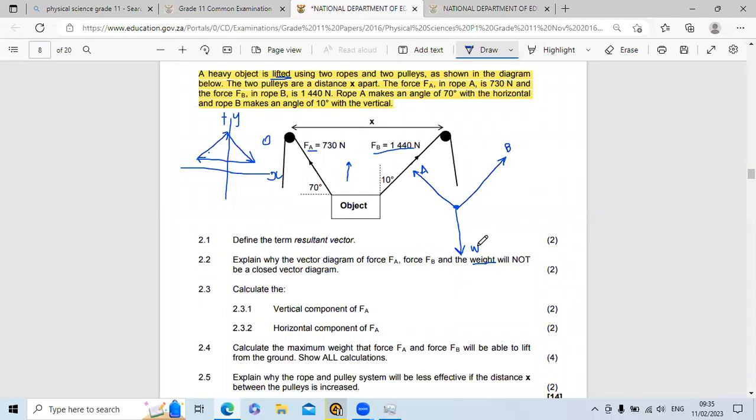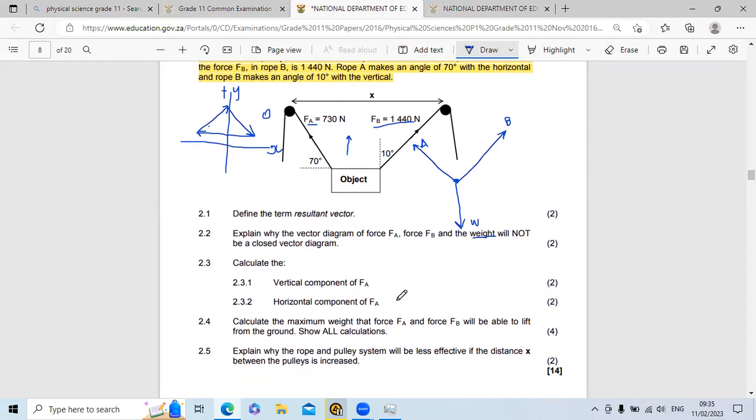So now we're going to go to 2.3, where they say calculate the vertical component of FA. I'm pretty sure at this point you understand how to calculate the vertical and horizontal components, right? So how about we do this?